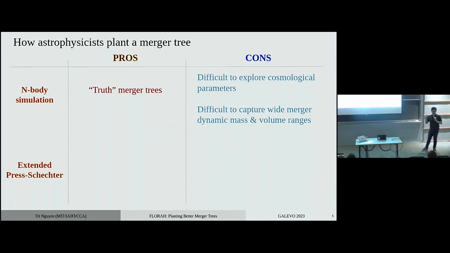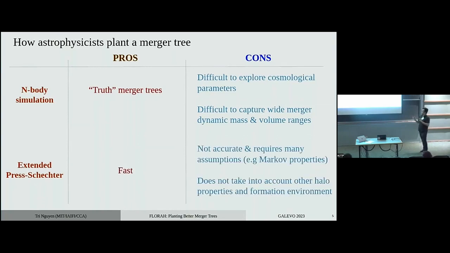The disadvantage of N-body simulation trees is that N-body simulation, as we know, is very slow. It's very difficult to explore different cosmological parameters. And it's also very difficult to capture a wide range of dynamic scales. Say, for example, it's hard to have a simulation that can simultaneously capture the mass of the faintest dwarf galaxies to the mass of a galaxy cluster.